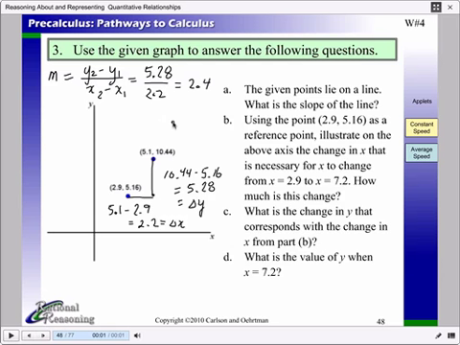We're measuring the change in y in units of change in x, meaning if we change x by 1, y is always going to go up by 2.4. If I change x by 2, y will go up 4.8, proportionality, right? If I change x by 10, y will go up how much?